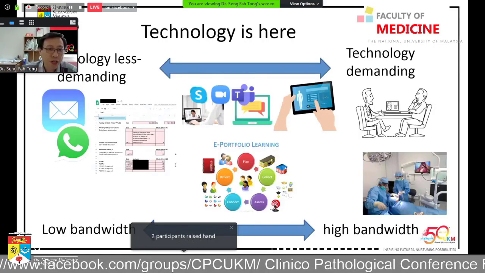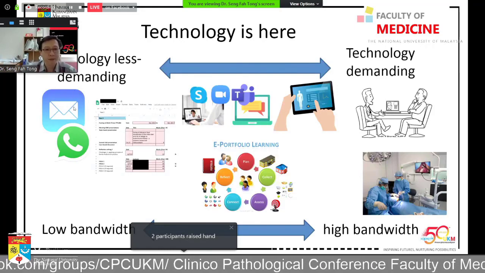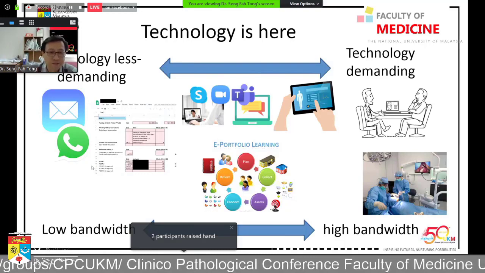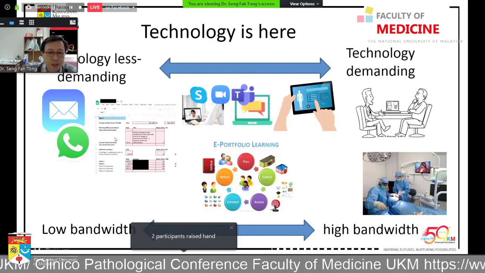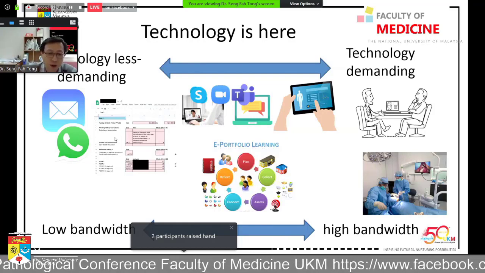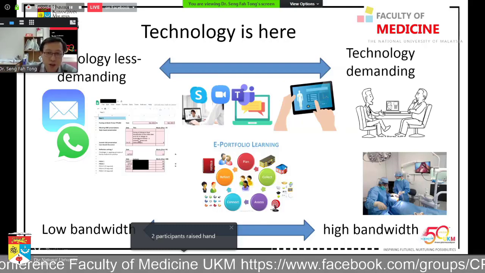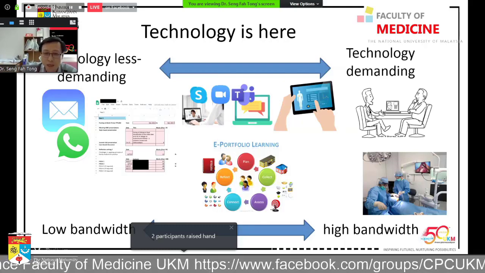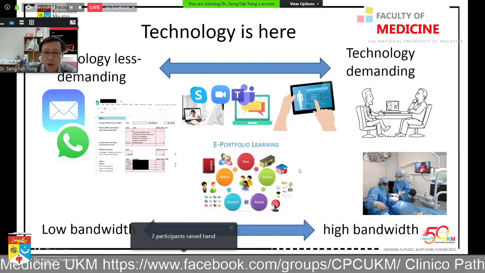You can have a very low-end or less technology-demanding option. Email, for example. Text, even a Google Sheet. The supervisee can punch in their log, and then we can look at the log and see whether they have done it well or not. So this can be done in a very simple manner, where things can be shared. Of course, synchronous meetings, that's the sharing of electronic medical records.